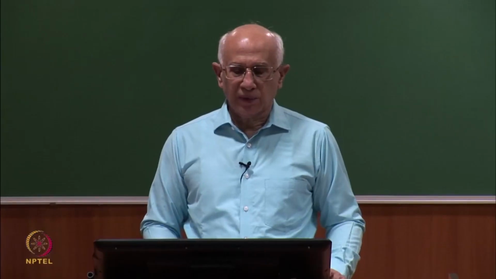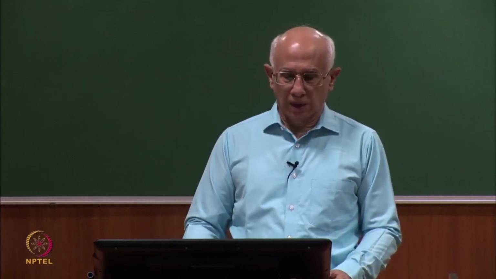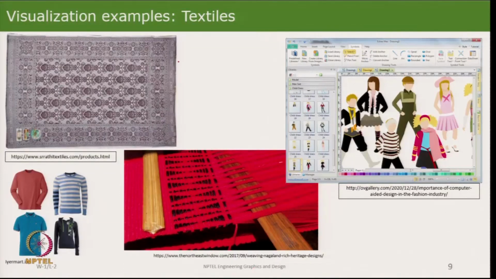The next example I have taken is from textiles. On the left here on the top is a chadar, which is a Solapuri chadar, and these are made by weaving, and the reason for showing it is that there is a variety of intricate designs which are made by weaving, which is what we see in this picture.